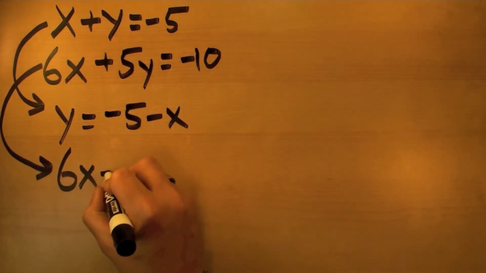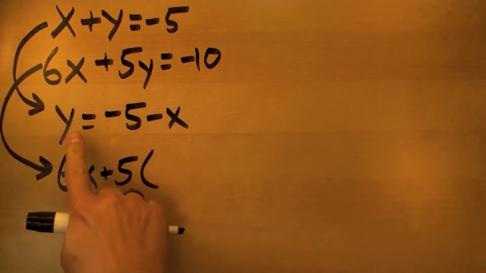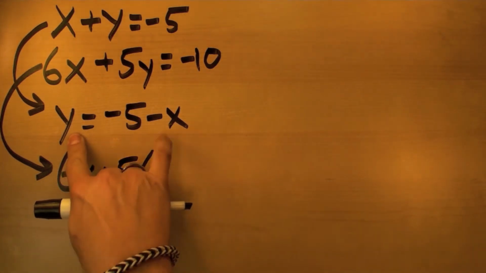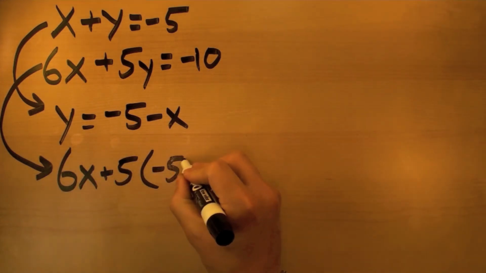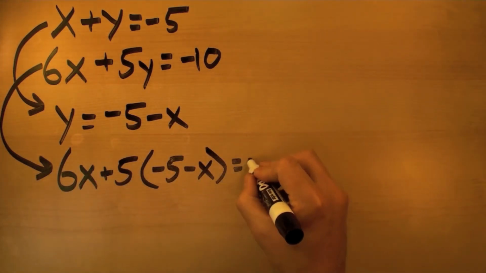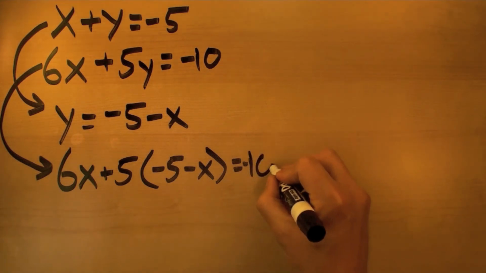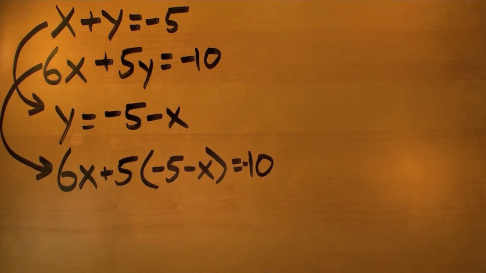we get 6x plus 5. And again, instead of writing y, like in the original equation right here, we're going to write what y is equal to. -5 minus x equals -10. And now we have one equation and one variable, which is what we want, so we can solve for that variable.